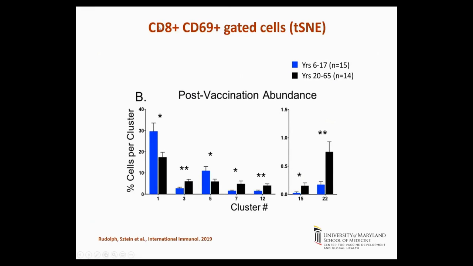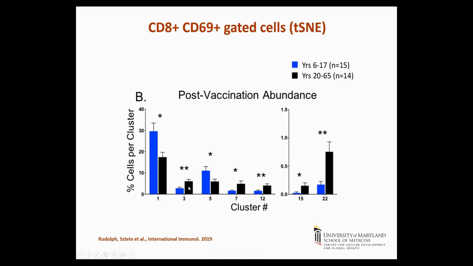When we analyze this data, for example, for CD8 positive, CD69 positive, that is activated cells, we can see that some of the populations are higher in children, for example, here with the blue bars, than in adults.